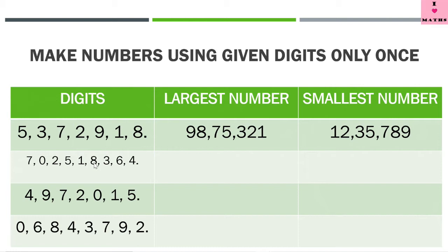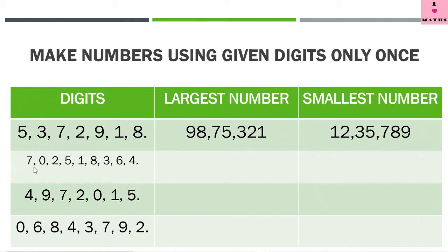So we will first of all write 8, then 7, 6, 5, 4, 3, 2, 1, and 0. This way, our largest number will be formed. We will read it in a while. But before that, let us make the smallest number.